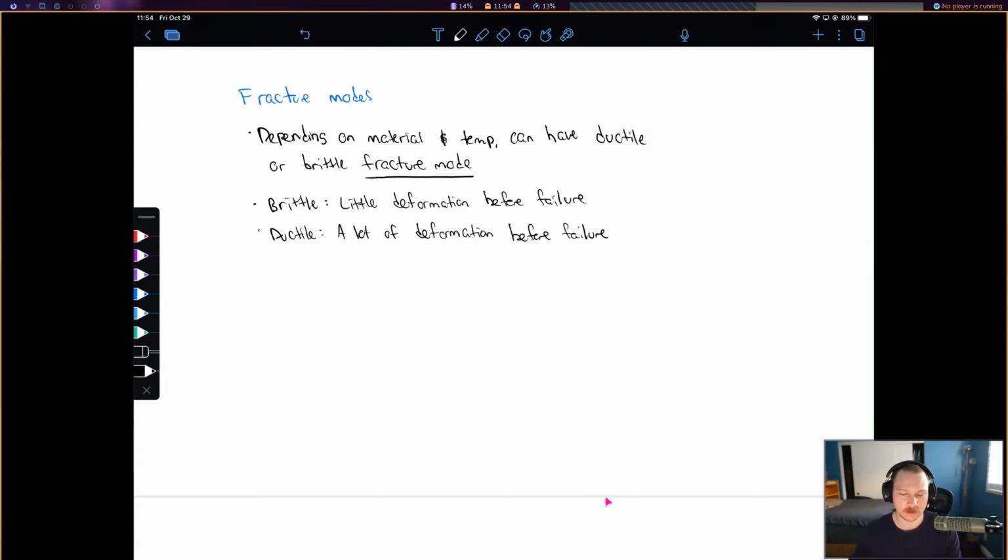But basically, the Titanic, I think it was made of steel. In warm to hot environments, steel is good at having a ductile fracture mode, so it's going to be a tough material. But at very cold temperatures, if you're in water with icebergs, it's going to be pretty cold in there. Steel starts to behave as a brittle material, meaning that it's going to have a brittle fracture mode.